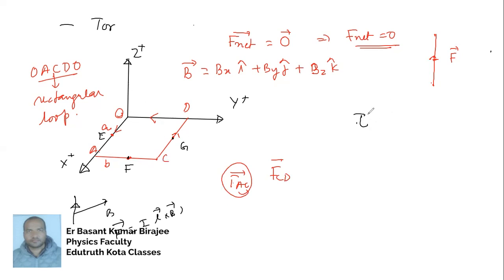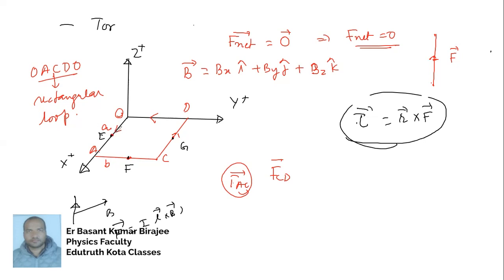Now, what is torque? Torque is R cross F. So we'll find torque due to each of these forces. Your FOA force is acting at the E point, and its distance from O is OE.